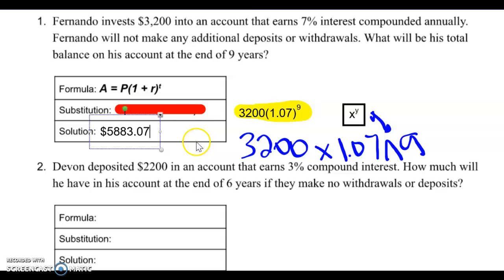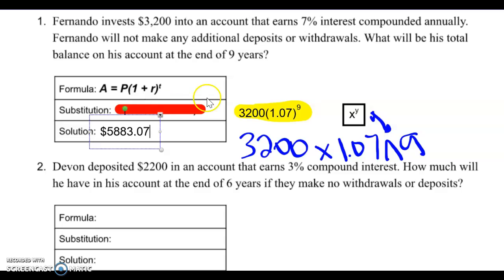Now, when you're doing compound interest, you're going to notice that the final solution should always be higher than your principal, and that's because you are doing this 1 plus. That 1 plus means that I'm adding my $3,200 to the interest that I got.